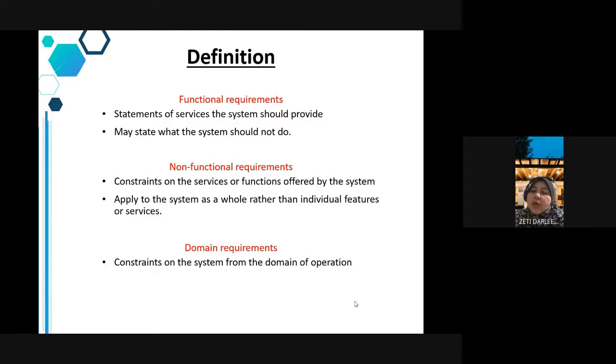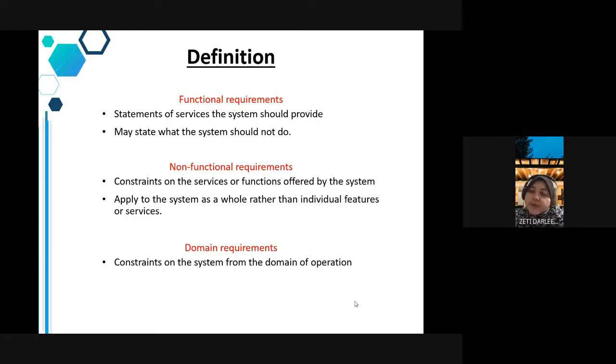Contohnya kalau we check on inventory kan. Inventory for pharmacy, probably the domain requirement is different from inventory yang kita kena manage untuk kedai kasut contohnya. Untuk kedai baju. So definitely the constraint and requirement and restriction is different.